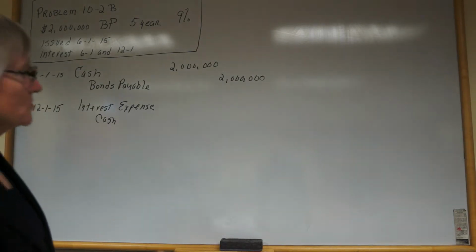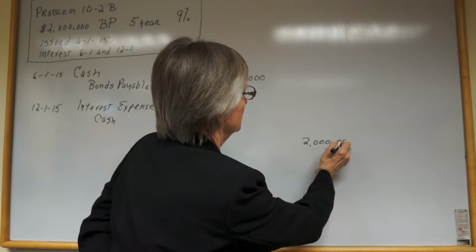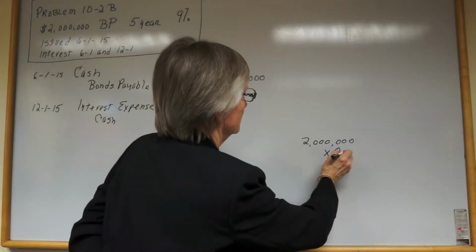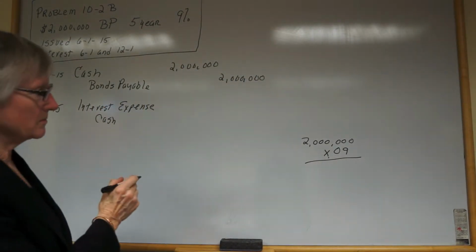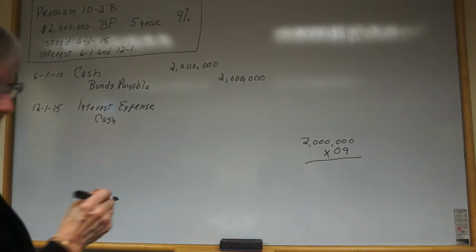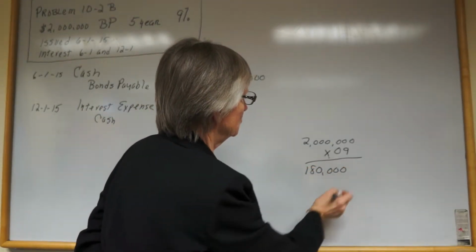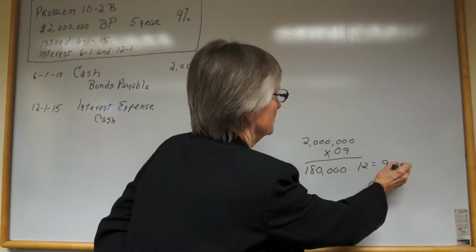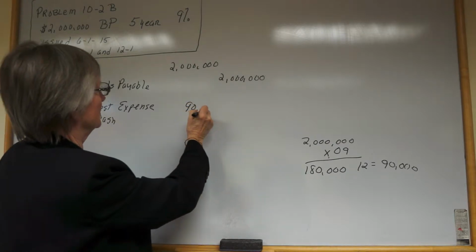What's the amount of the interest? Well, we take the $2 million bond, face value of the bond, times the interest rate, which is 9%. Okay, so that would give us $180,000, right? That would be the annual interest, but we're making it in 2 payments, so each payment will be $90,000. Okay, so far so good.